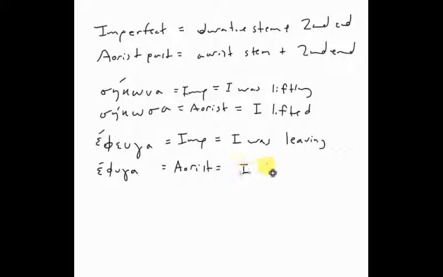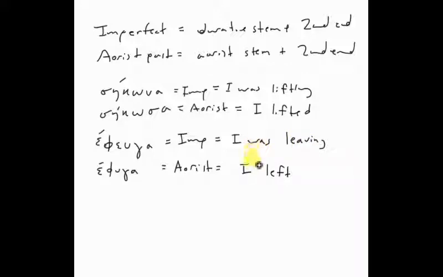And this means I left. The same thing as above. The durative stem is telling us that in the past time, the action of leaving was taking place over a period of time with no evidence that leaving was going to cease. There's no evidence of leaving ceasing.